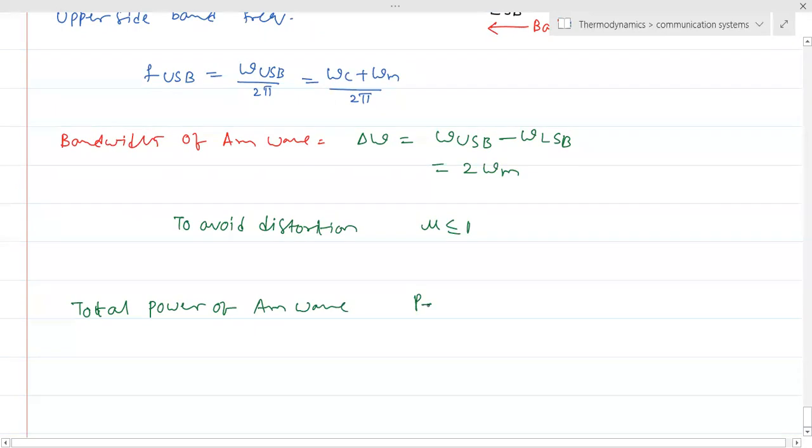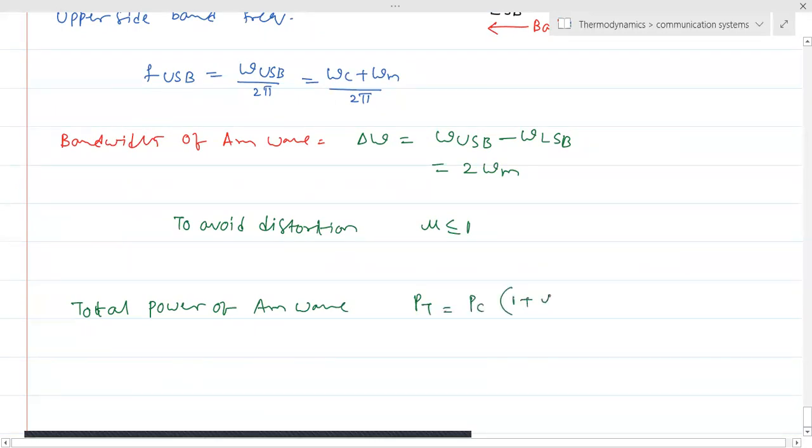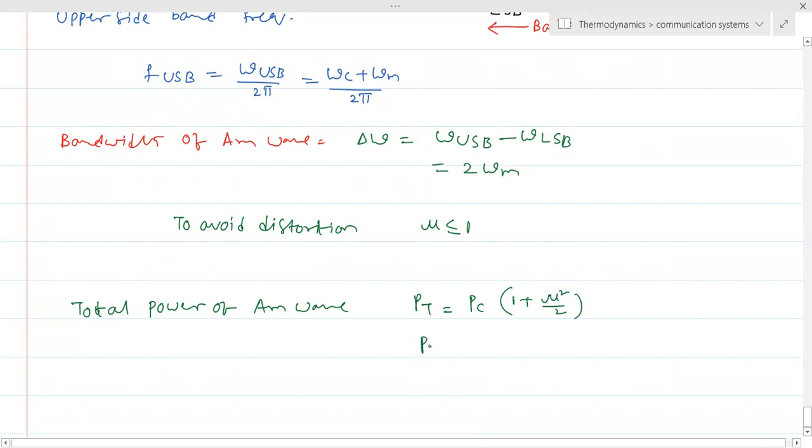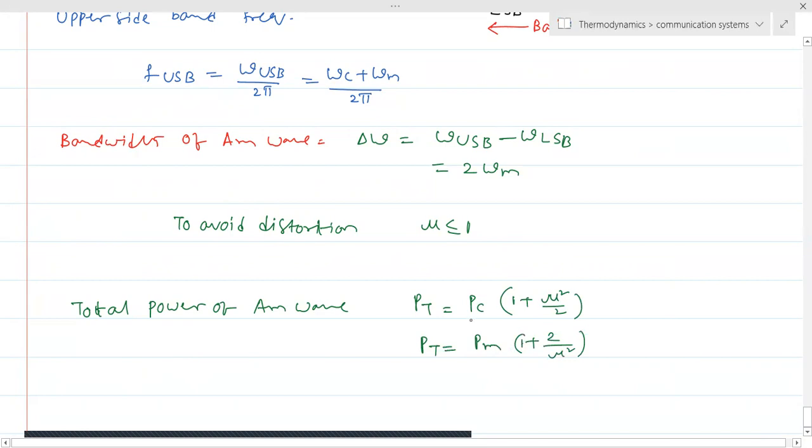We are writing P_T is equivalent to P_C into (1 plus mu square by 2), where already we know mu is the modulation index and P_C is the carrier wave power, and P_T equal to P_M into (1 plus 2 by mu square). So here P_C is the power of carrier wave and P_M is the power of modulating signal, that is input.